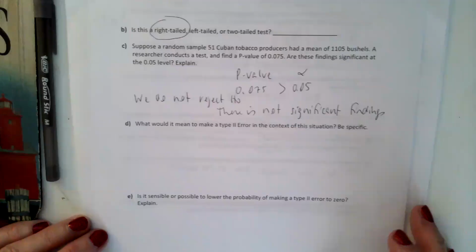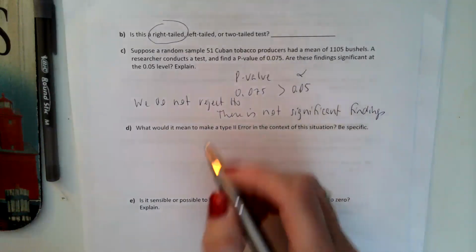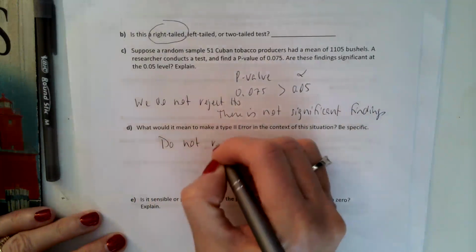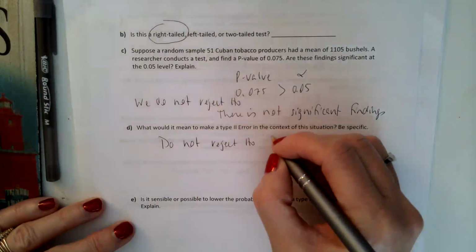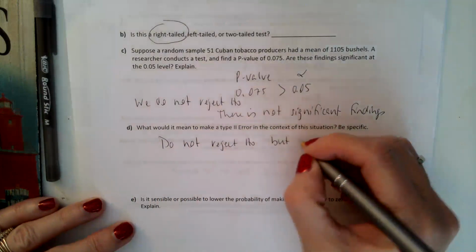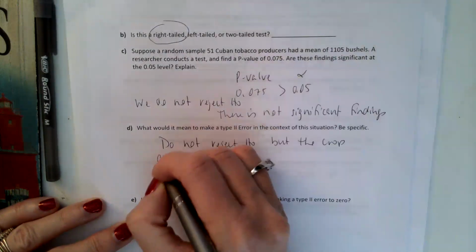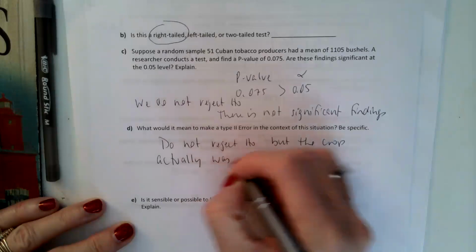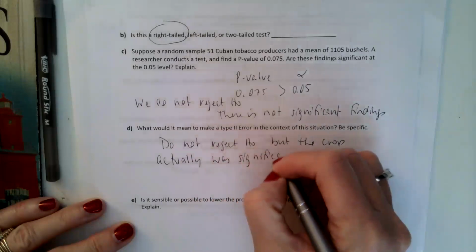And then it says, what would it mean to make a type 2 error in the context of this situation? So type 2 is do not reject H0, but the crop actually was significantly larger.